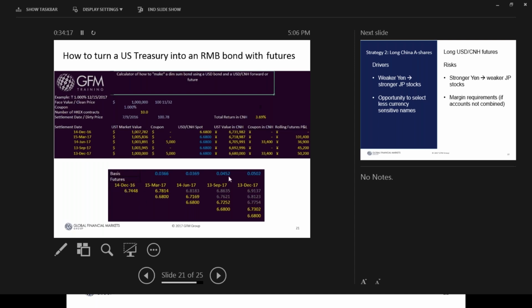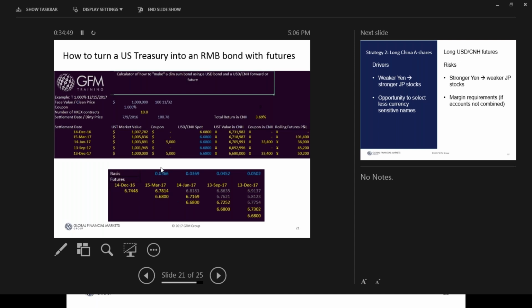I can either do that trade once by buying the December contract right away, or I can walk down each of these trades step by step and roll them quarter by quarter. And which one you do really depends on whether you need to lock in the long-term rate and whether you can get enough liquidity in the long-term contract versus in the shorter-term contracts. In general, buying and rolling the contracts quarterly is a lot more liquid, but it also exposes you to the risk that if Chinese renminbi rates fall, you're not going to enjoy that higher yield pickup over the entire period of time.